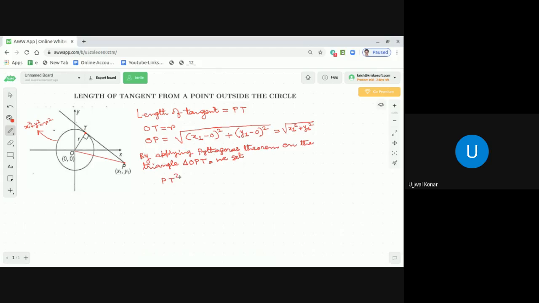That is our purpose. So PT square is equal to OP square minus OT square.